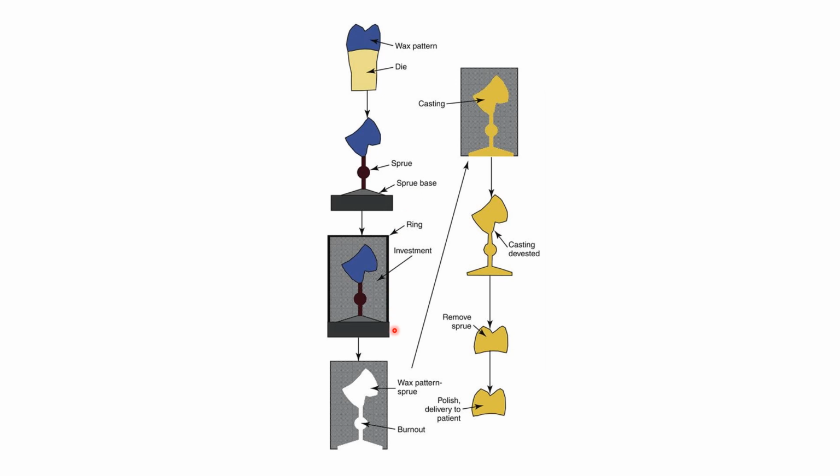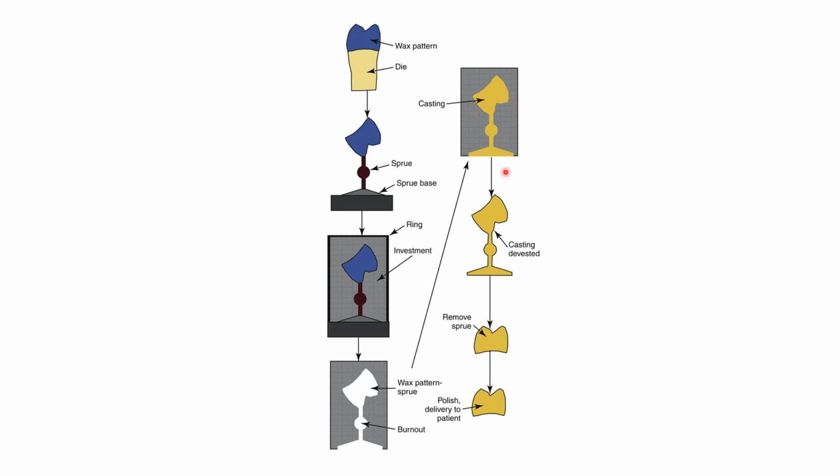Now the next step is burnout. In burnout, all your wax will be eliminated and whatever is left is a hollow structure, and the next step is casting. In that hollow structure, the metal from which you want to achieve a casting is injected into that mold space and your casting is formed.